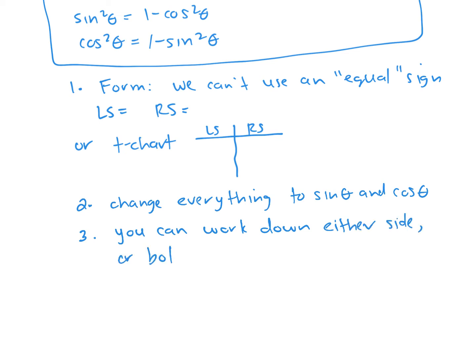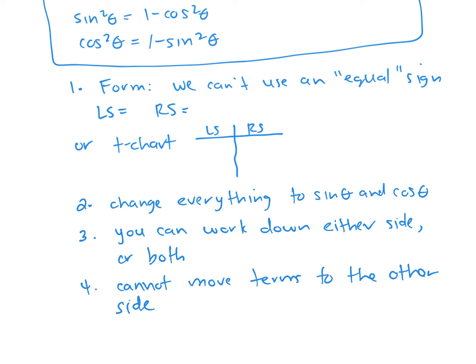So it doesn't really matter which side you work down, but you have to work down that one side exclusively. You can't bring anything over. So you cannot move terms to the other side. So you have to work exclusively down one side at a time. So you either work down the left side, or you work down the right side, or you work down both, but you can't move anything from the left side to the right side, or vice versa.